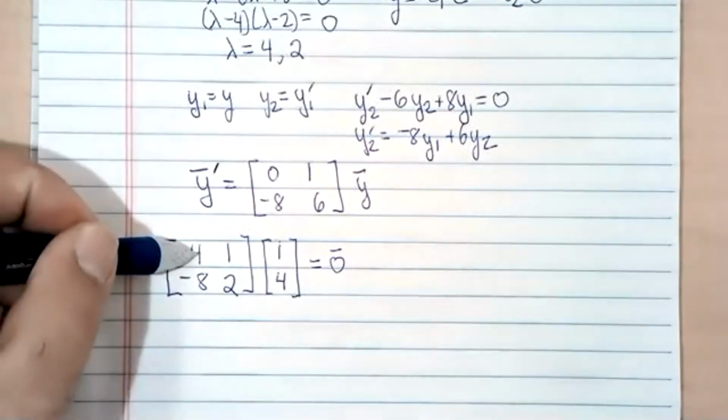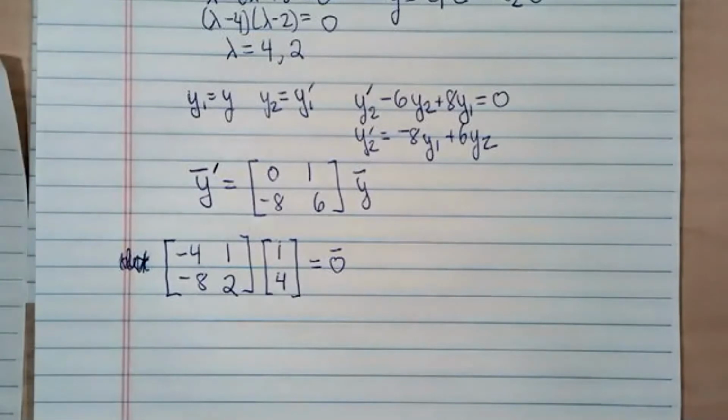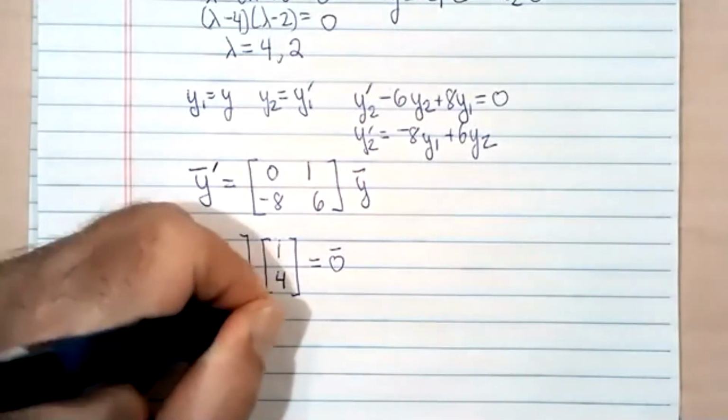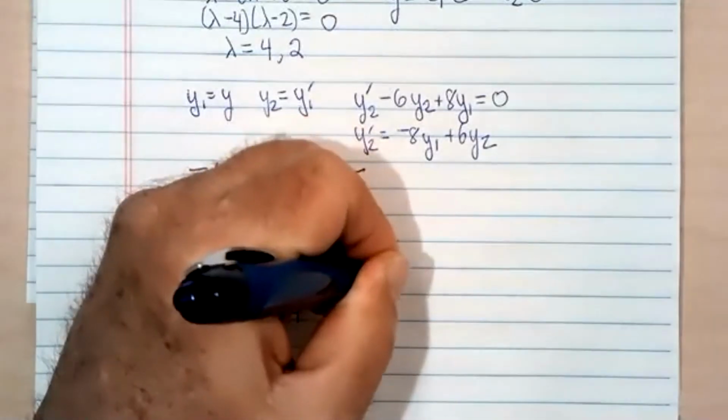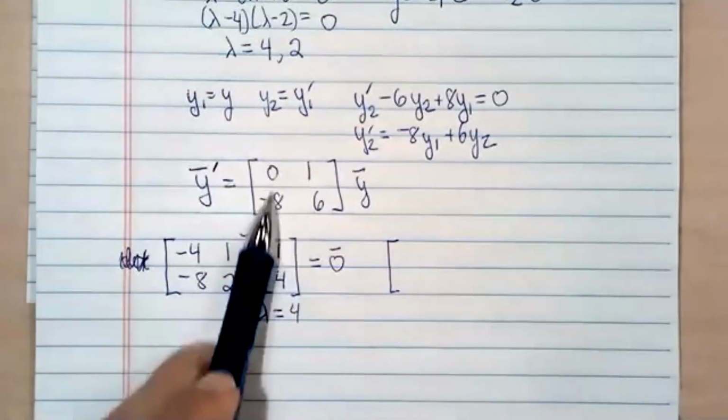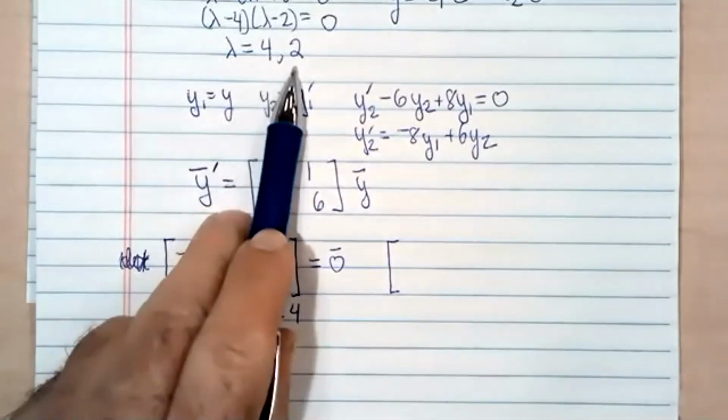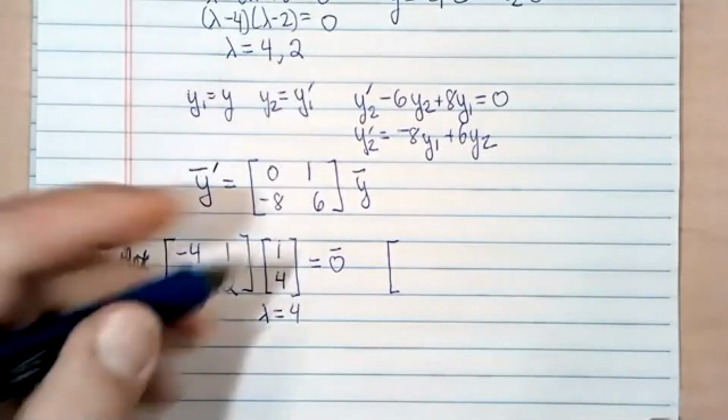That'd give me a minus 4 plus 4 equals 0. And that goes with lambda equals 4. The other one, I'm going to take this starting matrix and I'm going to subtract 2 down the main diagonal.